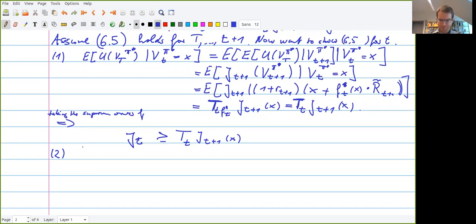So let's take any decision rule. Call it P, and P depends on our, so this is actually an investment policy.